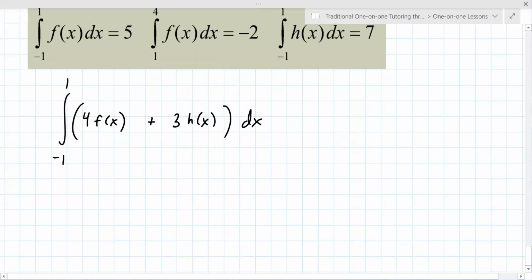All right. So take the integral from -1 to 1, pull the 3 out.